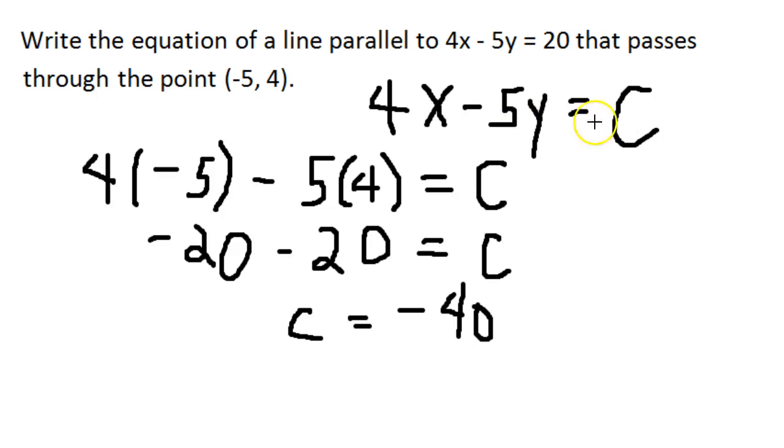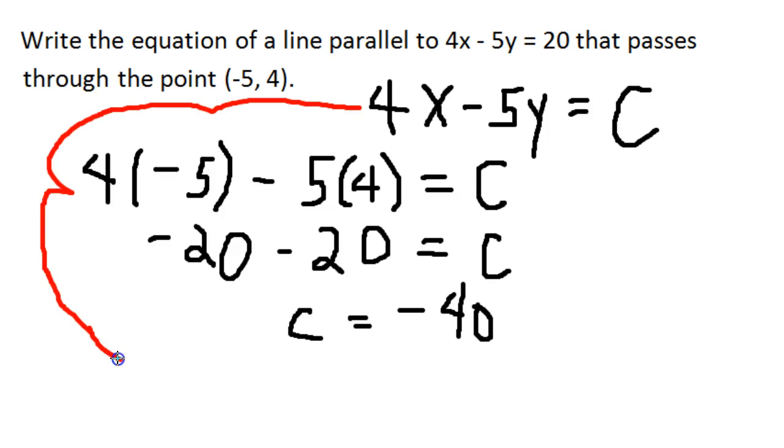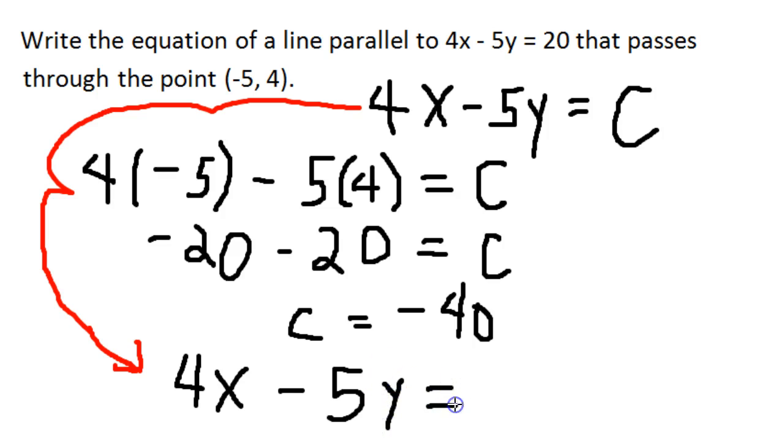Then we go back to that generalized equation, 4x minus 5y equals c, and rewrite the equation down here, where we get 4x minus 5y is equal to -40.